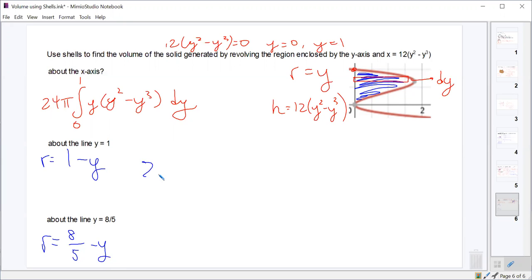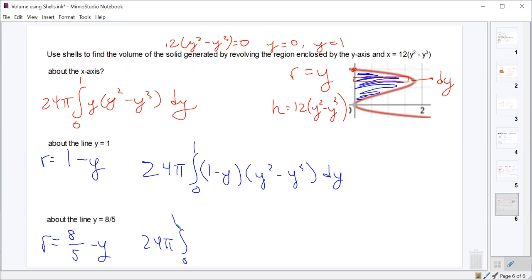So this would be 24 pi integral from 0 to 1 of (8/5 minus y) times (y squared minus y cubed) dy. What if it was around the line y equals -1? How would the radius change?